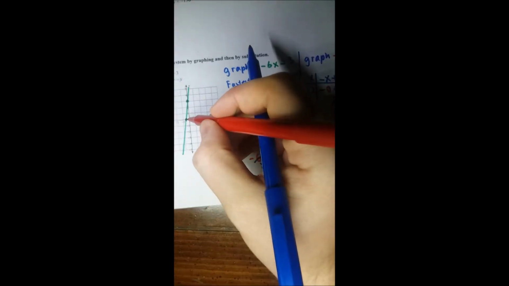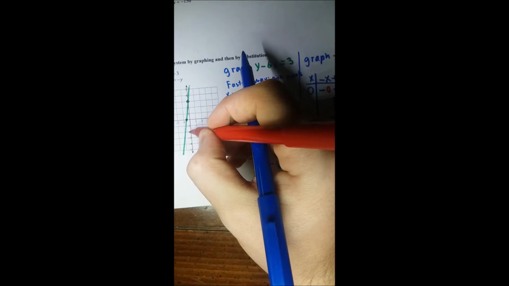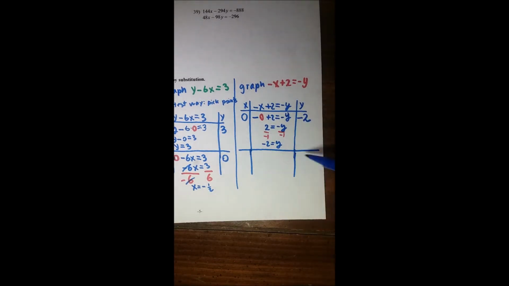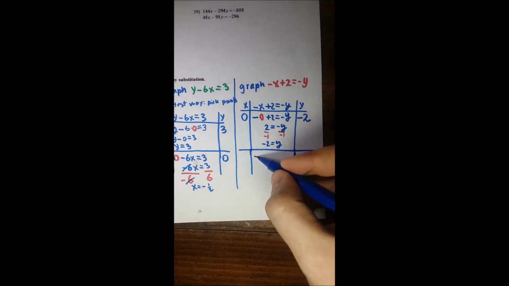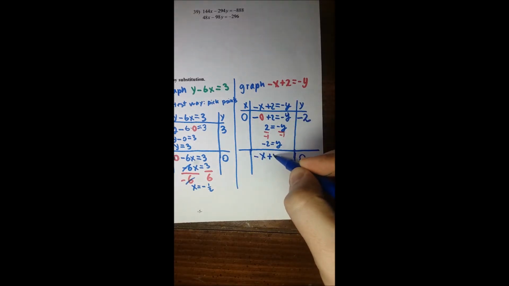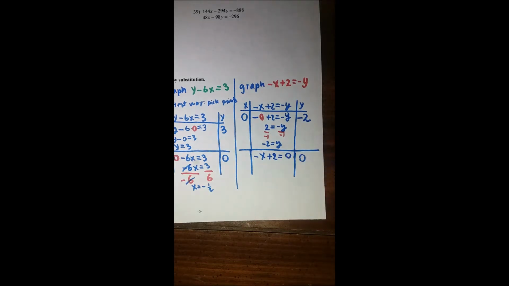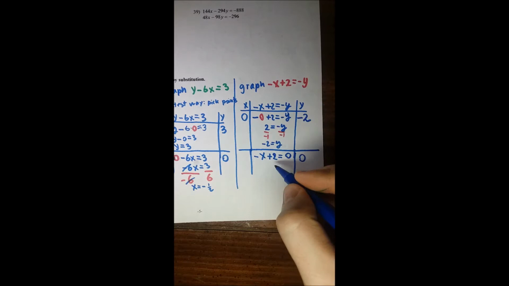So I'm going to go ahead and graph that point. Again, x is 0, y is negative 2: 0, comma, negative 2. So here's my red point, my first red point. My second point for red, now it's going to be y is 0, so negative x plus 2 equals 0. Okay? Now, we need to solve for x. So we subtract 2 from both sides.